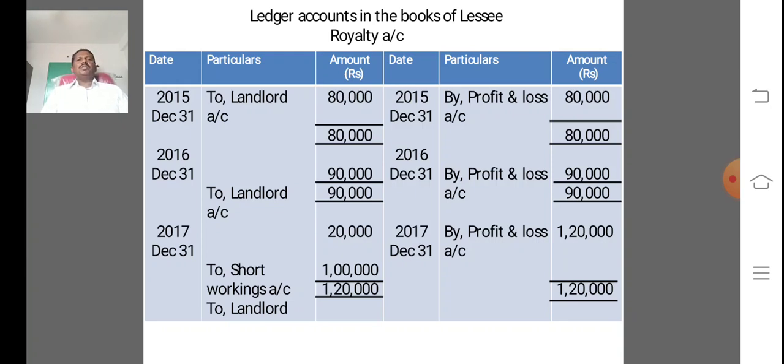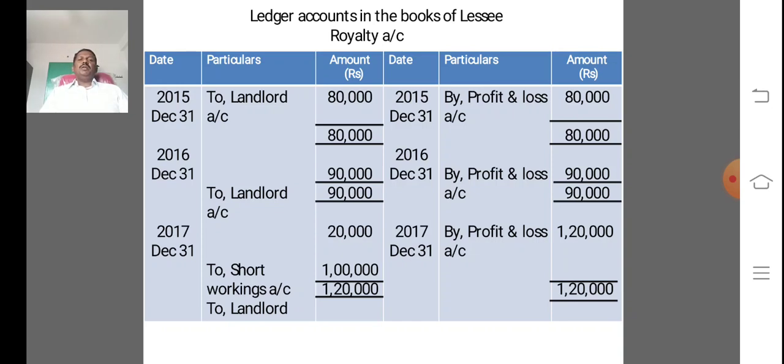One is date, another one is particulars, and amount. Debit side 3 columns and credit side 3 columns: date, particulars, amount. So based on the royalty analysis table, we prepare royalty account.